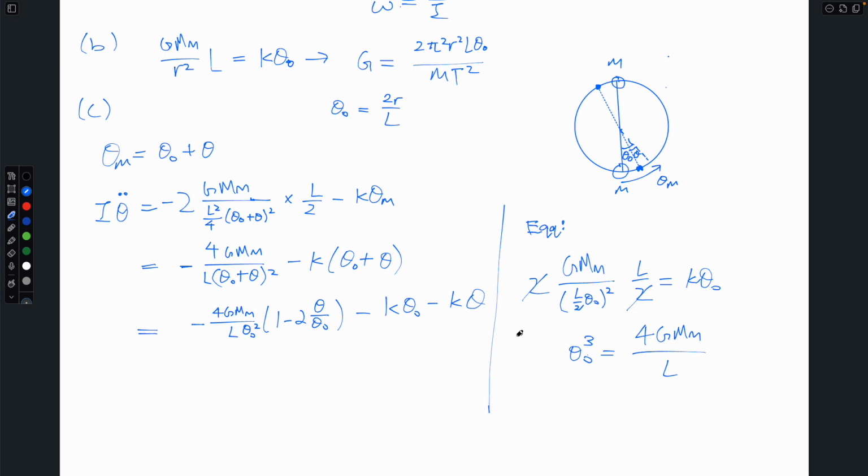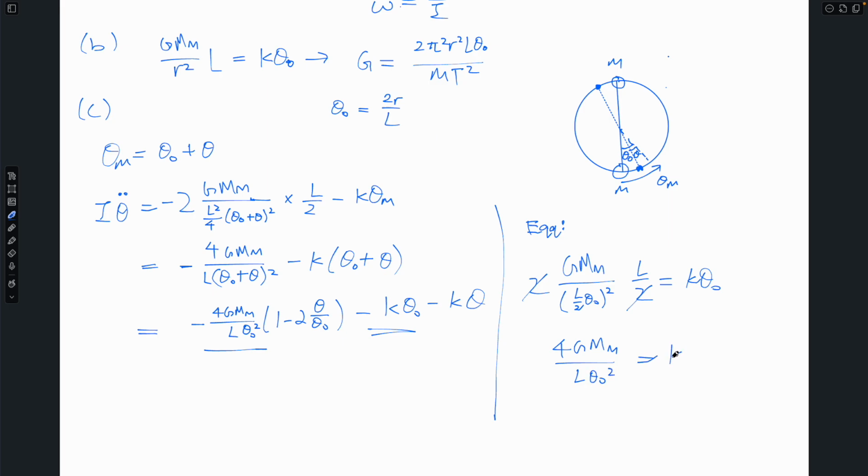Okay, do you guys understand this part? Like the equilibrium condition? Yeah, okay. So if you look at the similarities, actually, I didn't need to expand it out. This term and this first term should cancel each other out because 4GMM over L theta naught squared is equal to K theta naught.